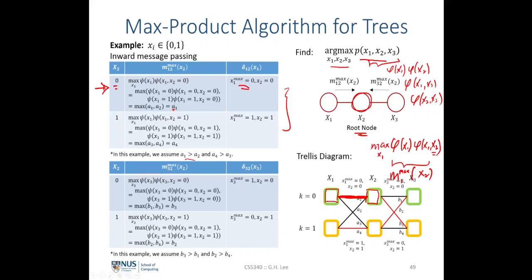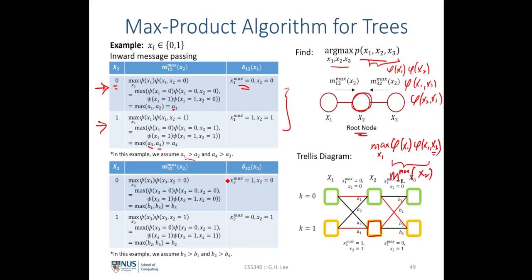Similarly, I'm going to do this for x2 at the state of 1. What this corresponds to in the trellis diagram would be this one here. As a result of the expansion of the max operator, I will end up with a3 and a4, which correspond to the states of x1 equals 0 and 1 respectively.